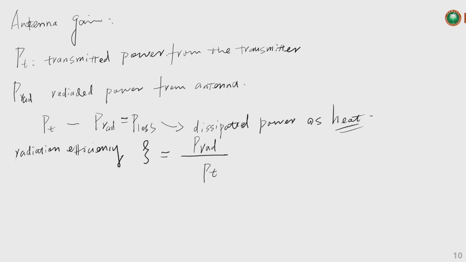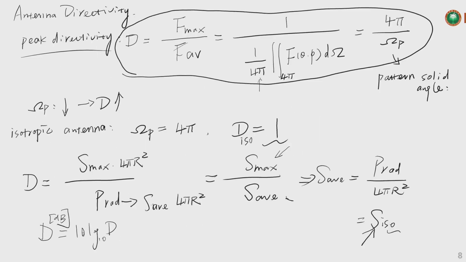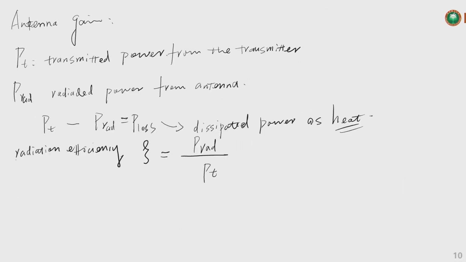Previously, when we analyzed the peak directivity, we just considered it as the maximum power at the peak point divided by the radiated power. This is the peak directivity. However, here we want to get the gain of the antennas.